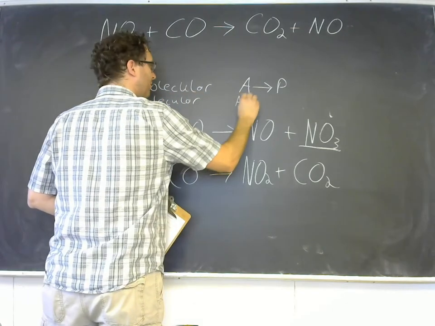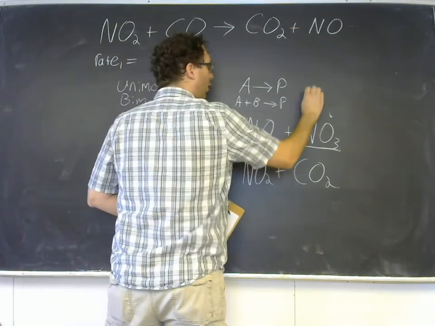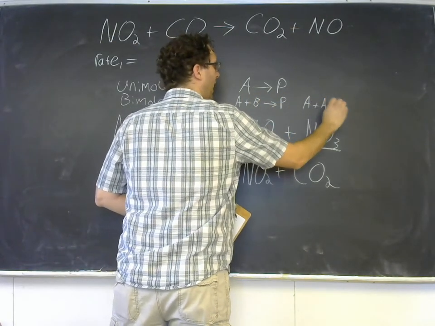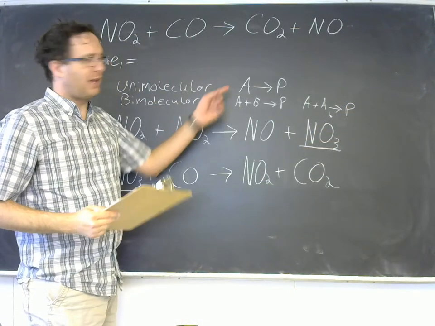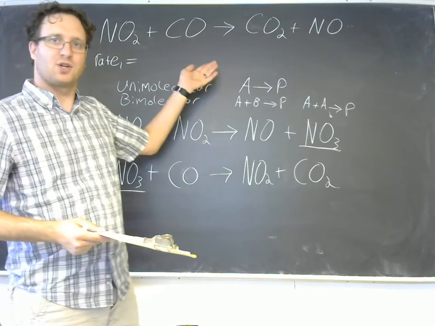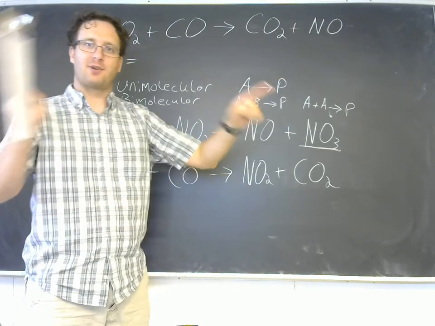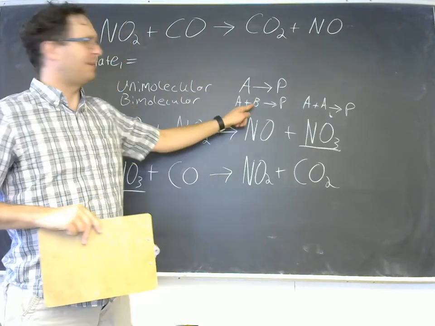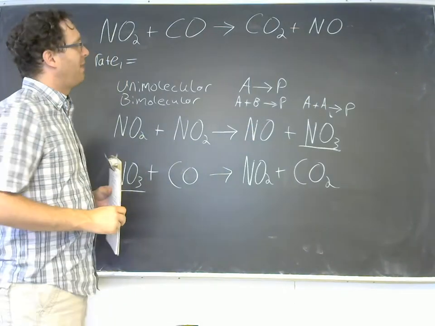They would be in the form of A plus B goes to products, or A plus A goes to products. So unimolecular elementary steps involve the spontaneous decomposition of a larger molecule. Bimolecular steps involve the encounter between two molecules. They might be different molecules, they might be molecules of the same type, doesn't matter.